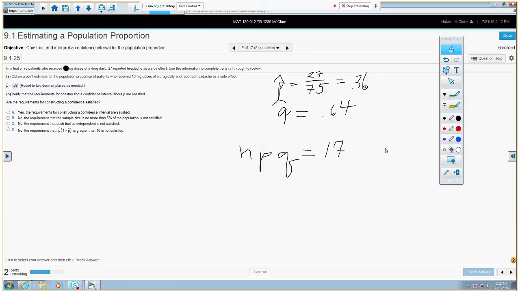I thought it was greater than 10. 0.05? No, I think you're looking at the other one. There are two of them together. 10, yeah. It's supposed to be greater than 10. Is this one greater than 10? Yes. So you'd say yes, the requirements are satisfied.